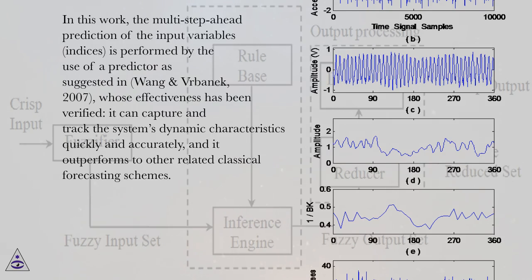In this work, the multi-step ahead prediction of the input variables, the indices, is performed by the use of a predictor as suggested in Wing and Verbenek, 2007, whose effectiveness has been verified. It can capture and track the system's dynamic characteristics quickly and accurately, and it outperforms other related classical forecasting schemes.